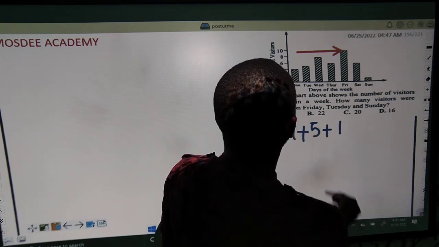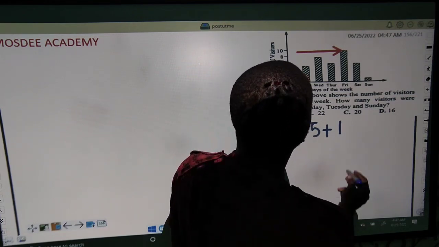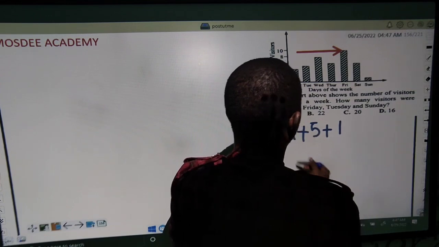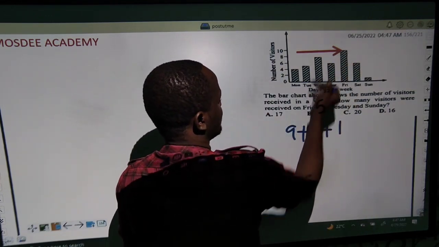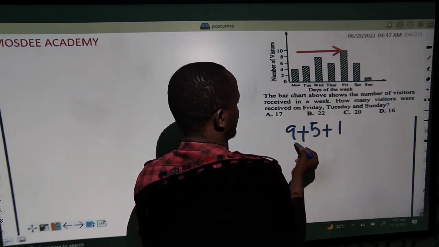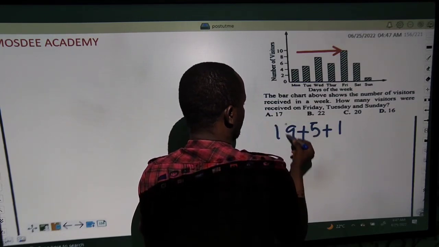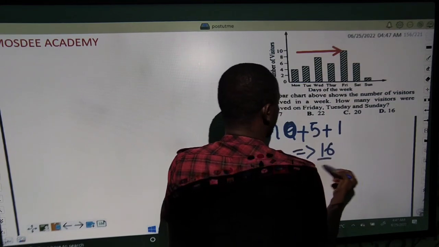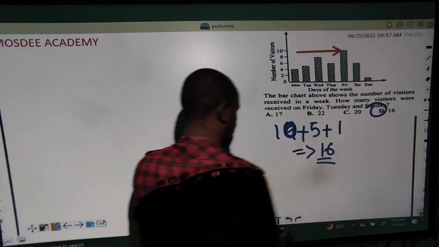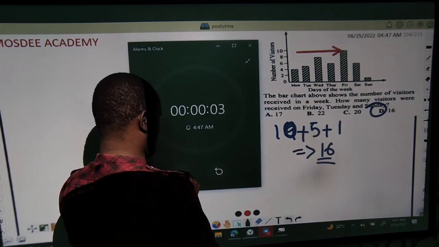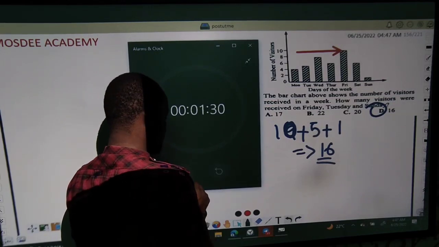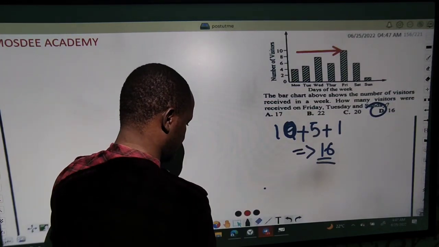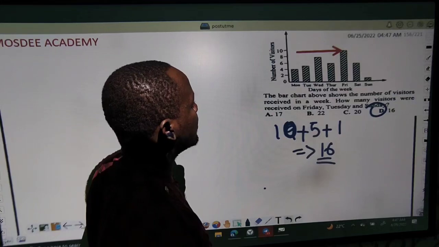Tuesday is 5. Then Sunday is 1. I think this one is 10. Maybe it's not properly drawn. So that's the only thing. Then you can adjust that. When you proceed to them, you don't see all these types of simple questions. They are simple, but because they won't draw it too well, that's why you don't see that. Next question. Next.